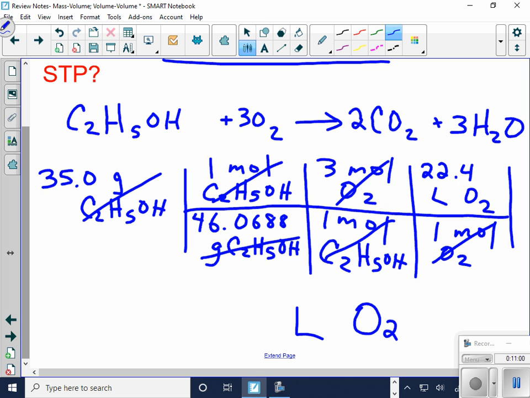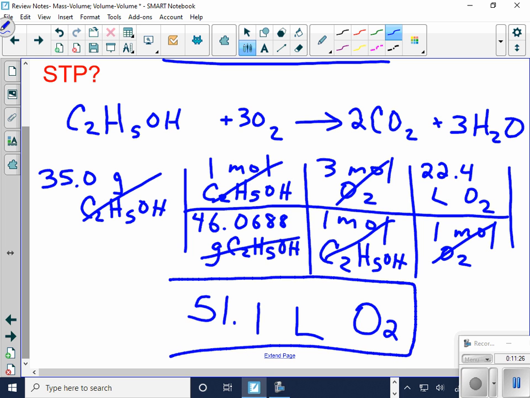When I go through and do the math, 35.0 divided by 46.0688 multiplied by 3 multiplied by 22.4, that gives me a value with 3 significant figures, 51.1 liters of oxygen.